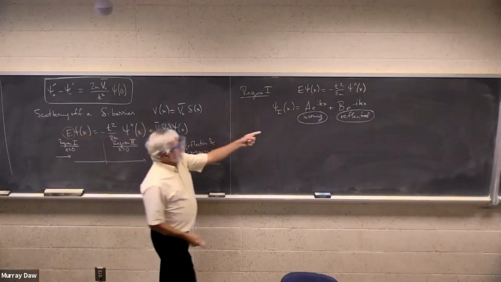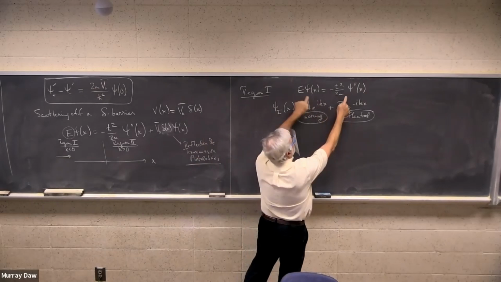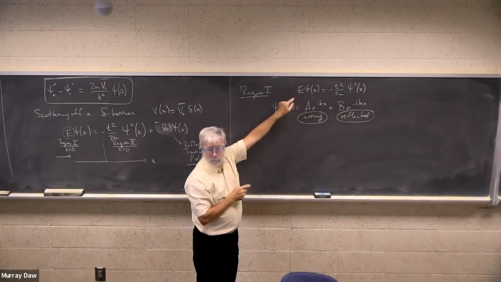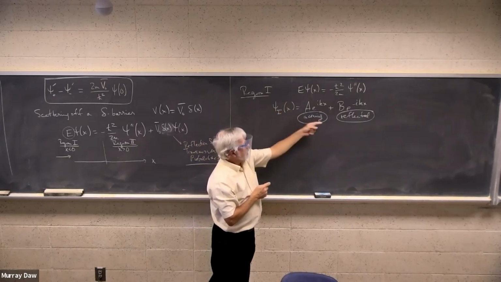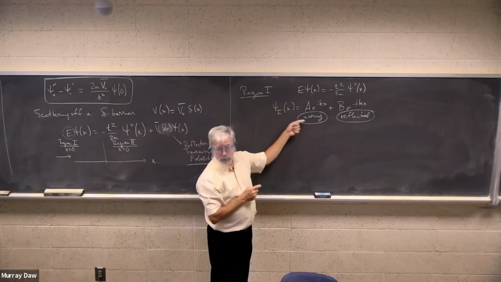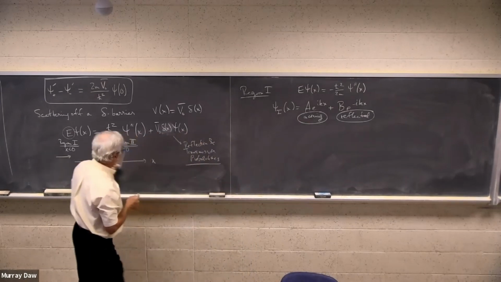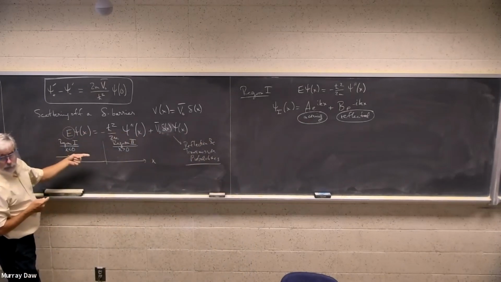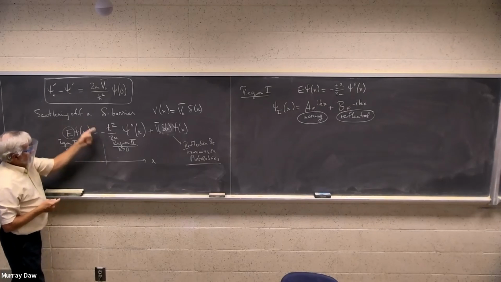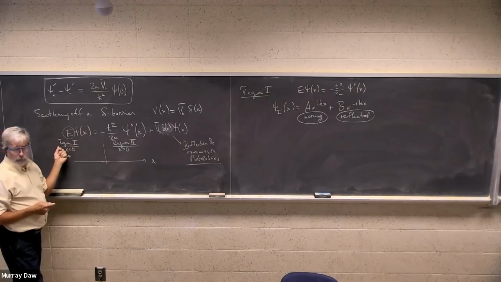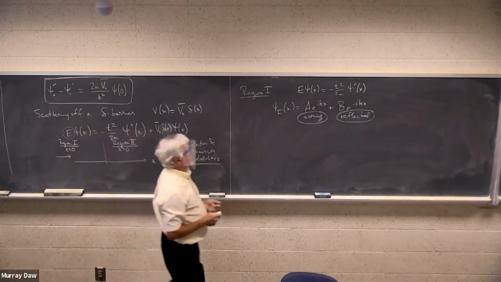Either one of these terms is a solution to this equation. We have a right traveling wave and a left traveling wave. The right traveling wave is the one we're sending in as part of the setup of the experiment. And then the reflection is what happens when it hits this barrier. Some of it gets reflected.